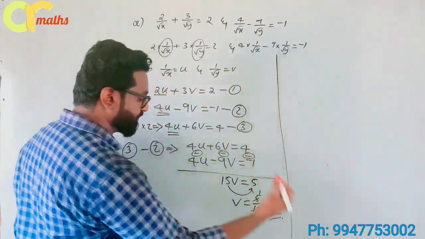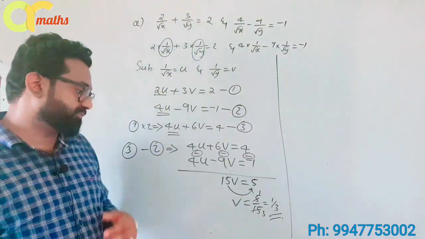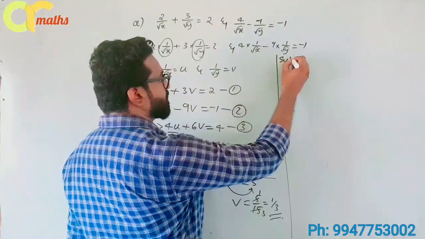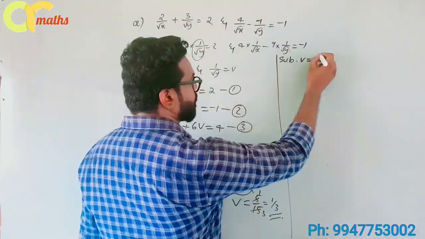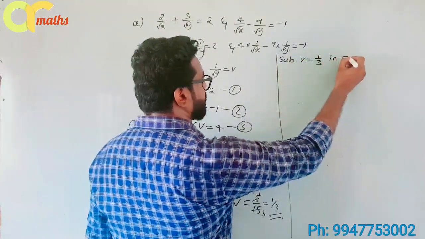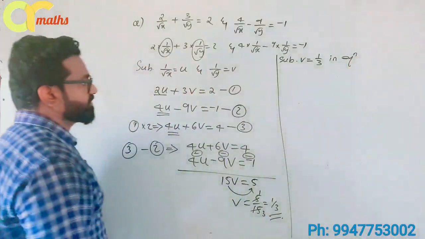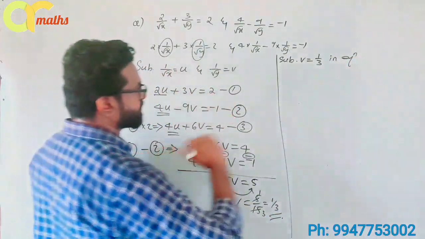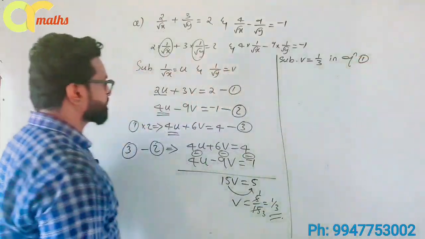You got v. Then how to find the value of u? Substituting. Substitute v equal to 1 by 3 in any equation, 1 or 2. Simple equation is 1, so first equation.